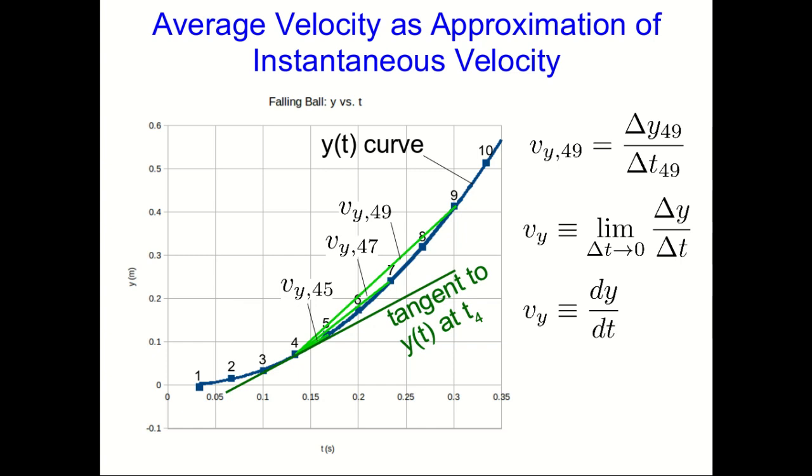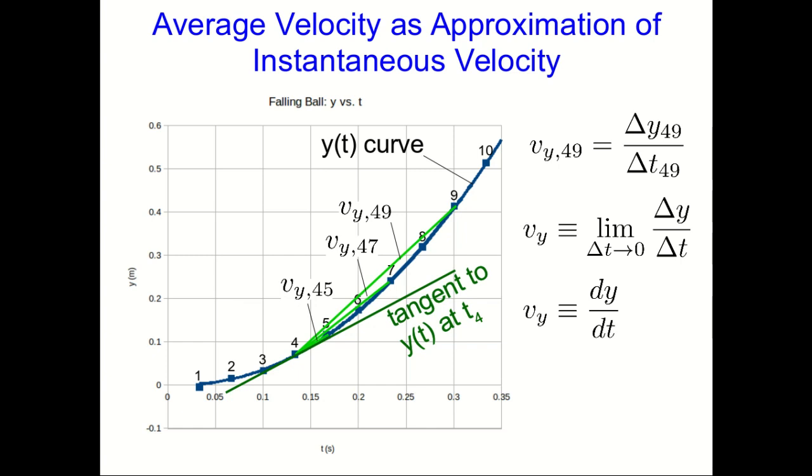Derivative means slope. More specifically, it means the slope of the tangent line to the function. And so we are imagining that we can model our data with a function, y of t, and that we know how to extract from that function the slope of its tangent line at any t.